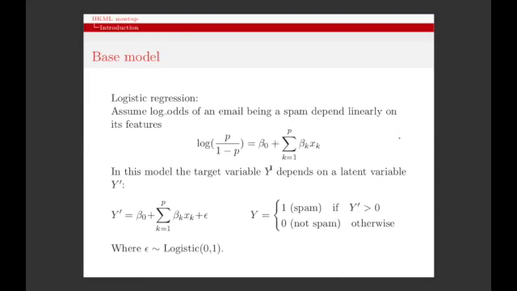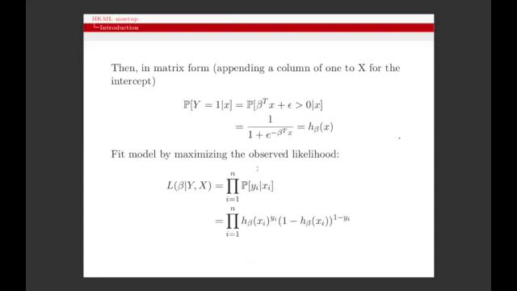There is a latent variable equal to the linear combination of the features plus a logistic random variable epsilon with mean 0 and variance 1. And that's it. This model can be fitted by maximizing the observed likelihood that is expressed in the second part of this slide.